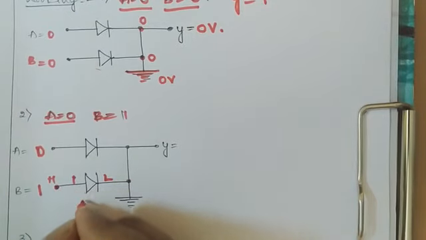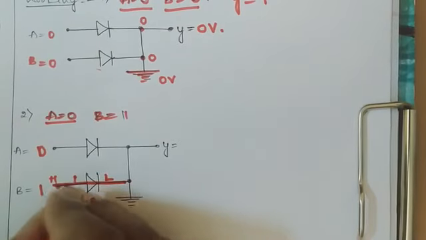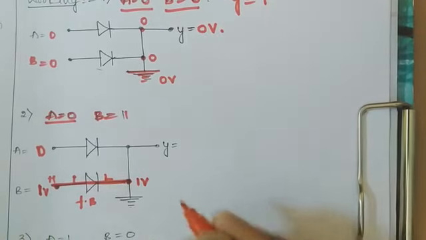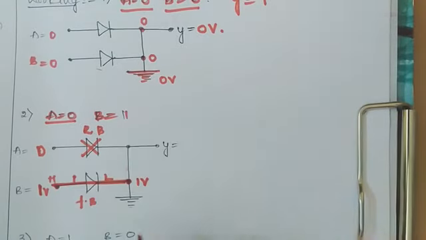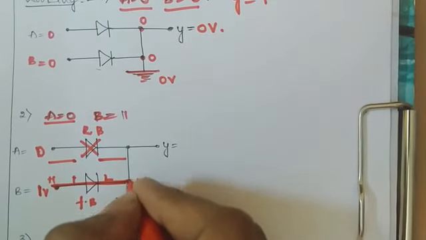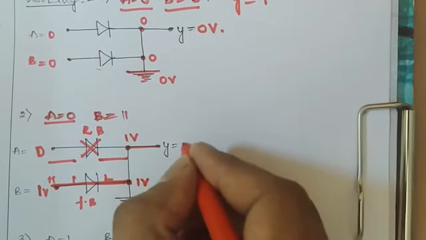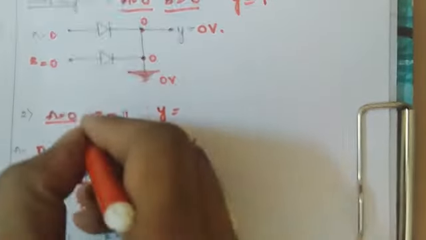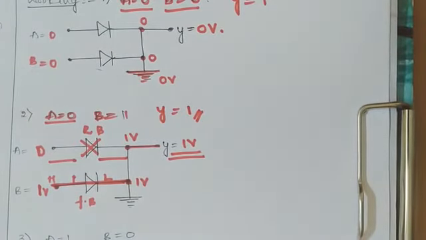The diode on the high side is forward biased, so it acts as a short, and the point will be at 1 volt. The other diode, at 0, does not conduct; it is reverse biased and acts as an open circuit. Since the common point is at 1 volt, the output Y is 1 volt. Therefore, if A is 0 and B is 1, then Y is 1.